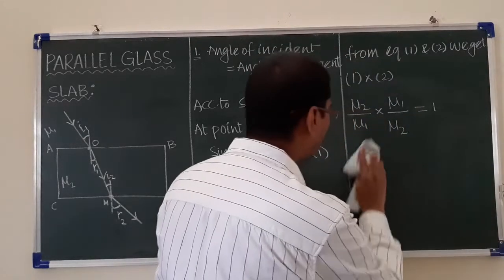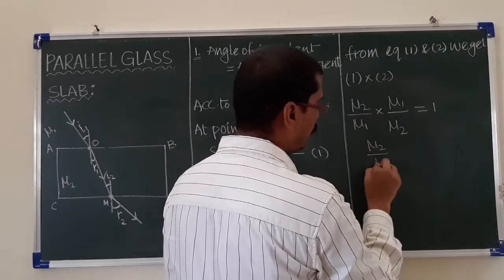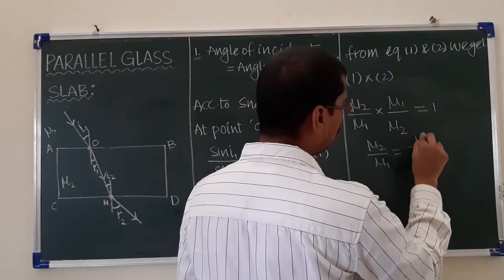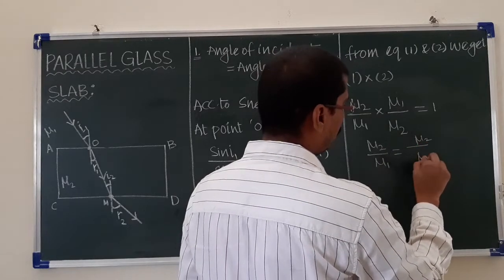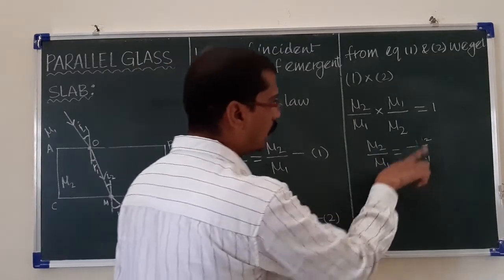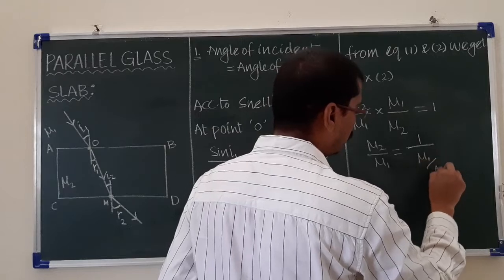Now one more step I want to write here: mu2 upon mu1 is equal to 1 upon mu1 upon mu2.